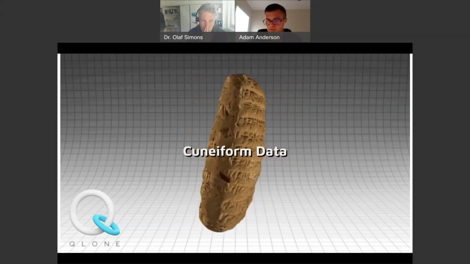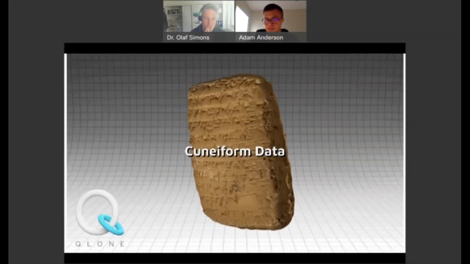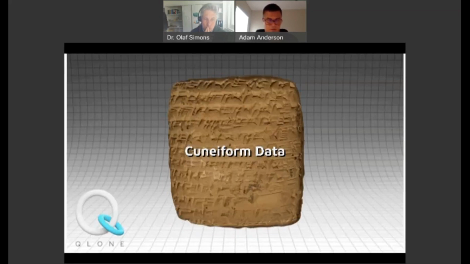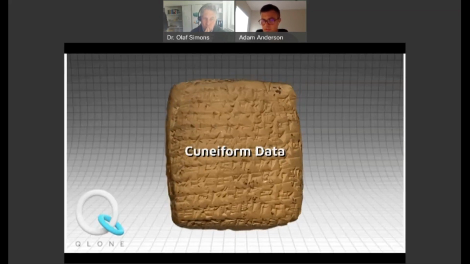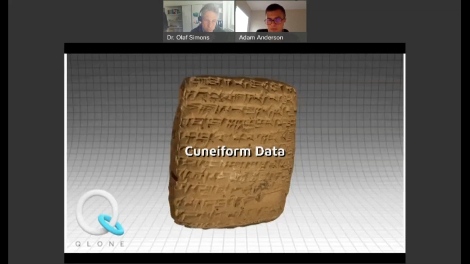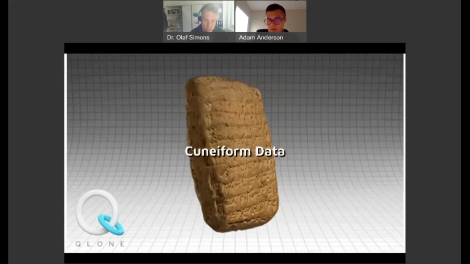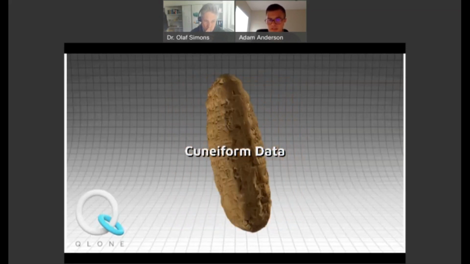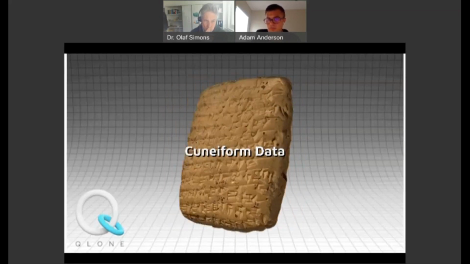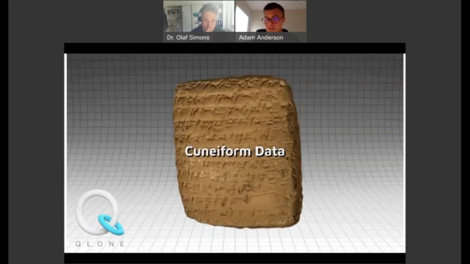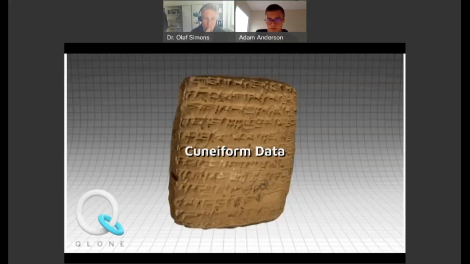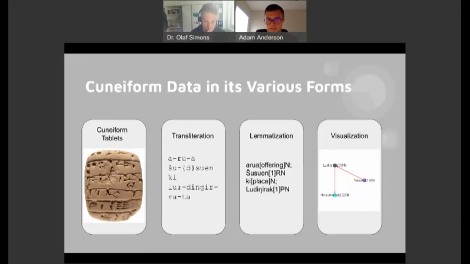Hence the move towards 3D imaging and 3D objects. And that is a growing interest for engineers in machine learning, because we can more accurately describe each of the signs and their positions on the tablet, including other personal remains such as fingerprints and palm prints and things for demographic analysis.